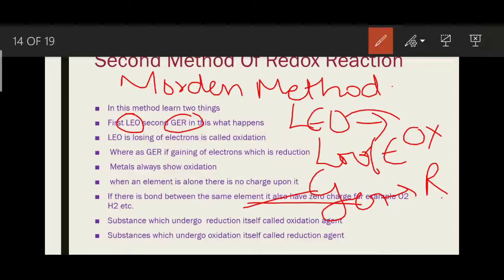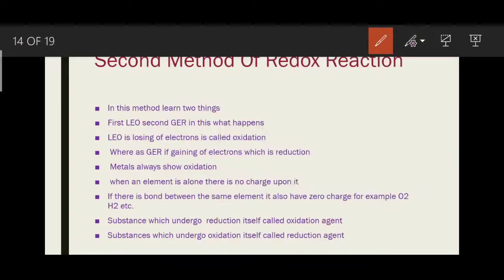Very easy to learn. Please note that we will do it like this, we will remember these simple attributes and we will remember the redox reaction. So LEO is losing of electrons, called oxidation reaction, whereas GER is gaining of electrons, which is reduction reaction.